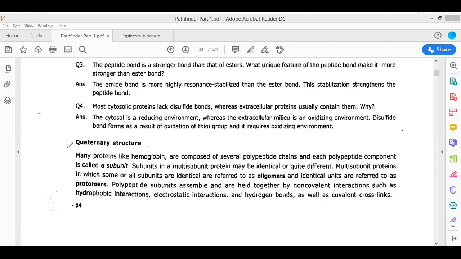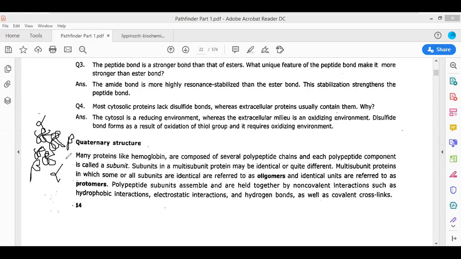Now, quaternary structure. See, when a large number of tertiary structures associate with themselves, they lead to the formation of a quaternary structure. These are four tertiary structures: alpha, alpha, beta, and beta.